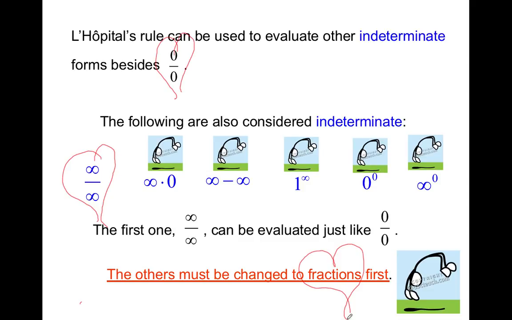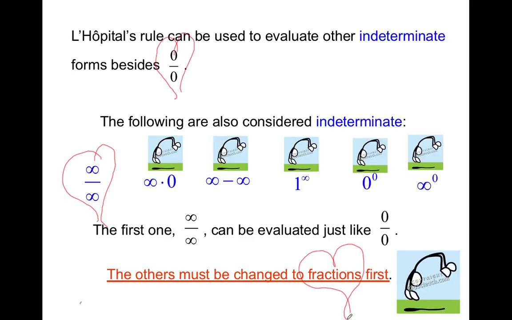So again, if I have 0 over 0 or infinity over infinity, I just take derivatives of the numerator, derivative of the denominator, replug in. But if I have infinity times 0 or any of these other cases, I have to get myself to a fraction before I can do L'Hopital's.